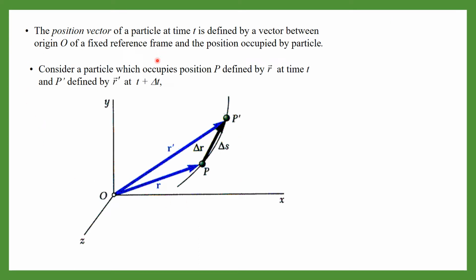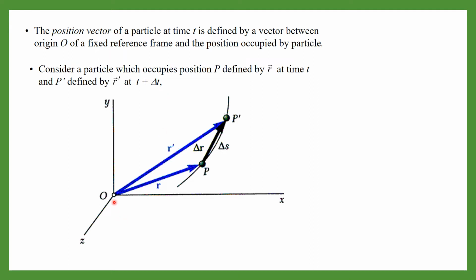Now consider this figure. Suppose the initial position of the particle is P and the position vector of the particle is this OP, and consider the particle moves from P to P dash in the time delta t.